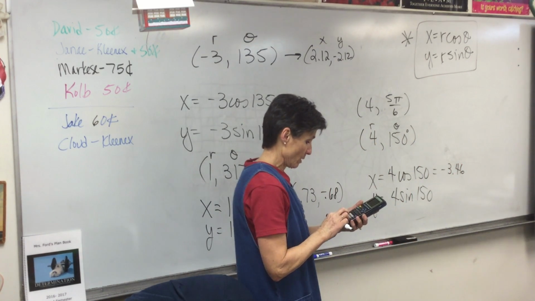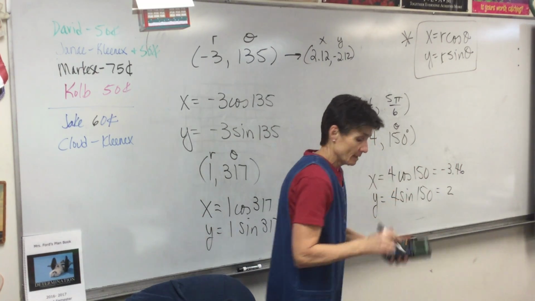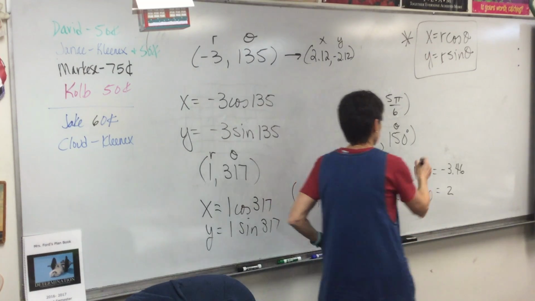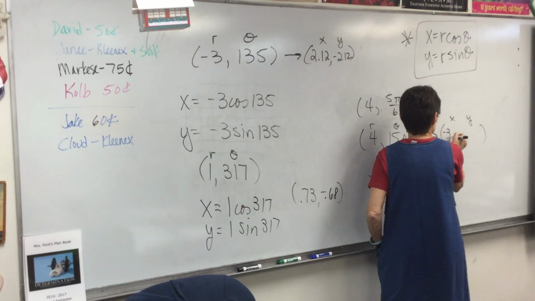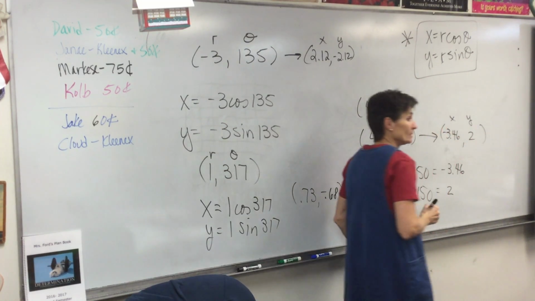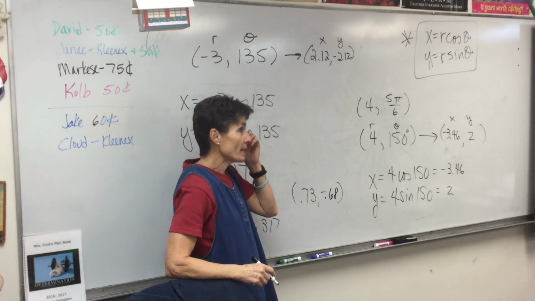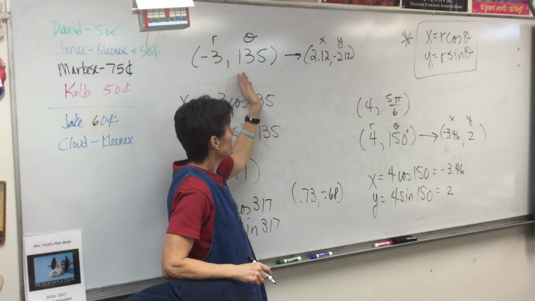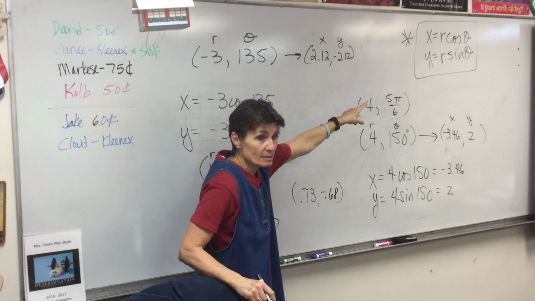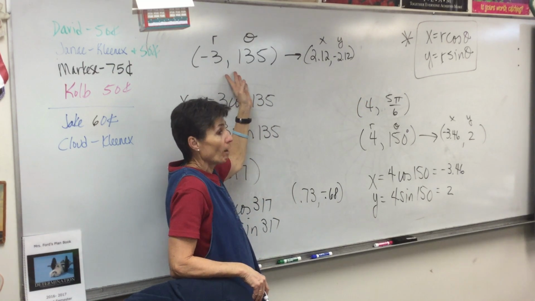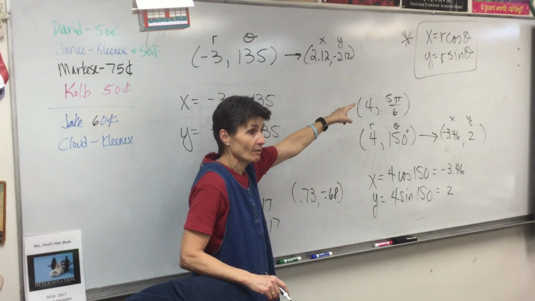And 4 sine 150, 2. Now, don't forget, your answer is an ordered pair. So negative 3.46, 2. How do we change from polar into rectangular? Right there, in that box. If you want to change from polar to rectangular, that's what you use right there every time.